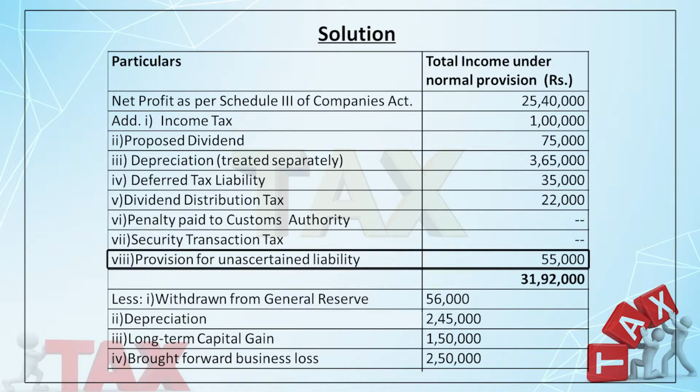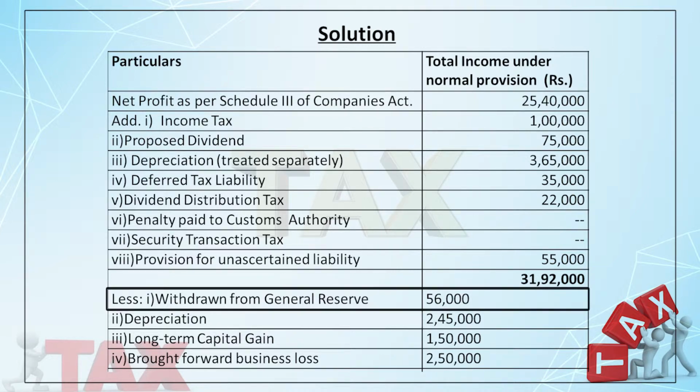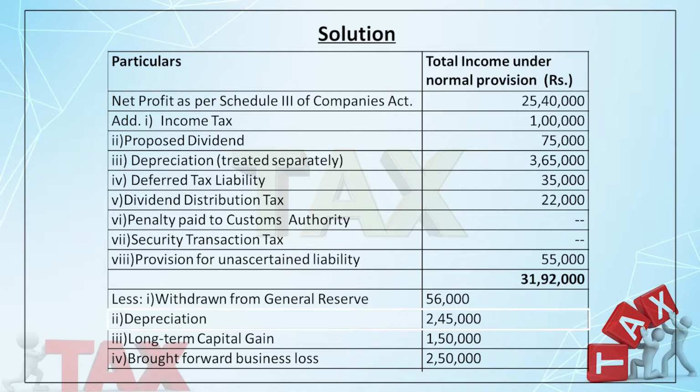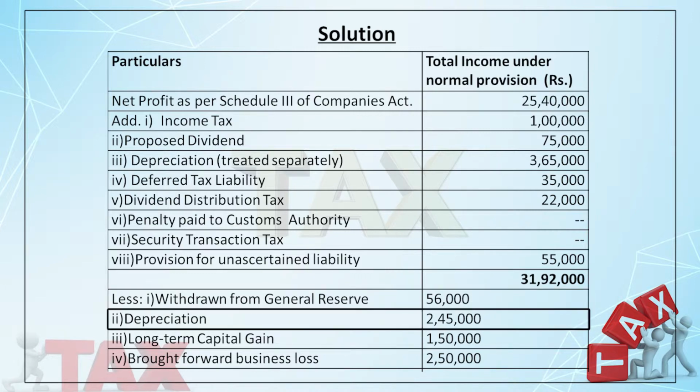So, you have to add all these things to the net profit and then you have to deduct the amounts which have been credited to the statement of profit and loss for the calculation of total income as per normal provision, like withdrawn from general reserve rupees 56,000 and depreciation rupees 2,45,000.